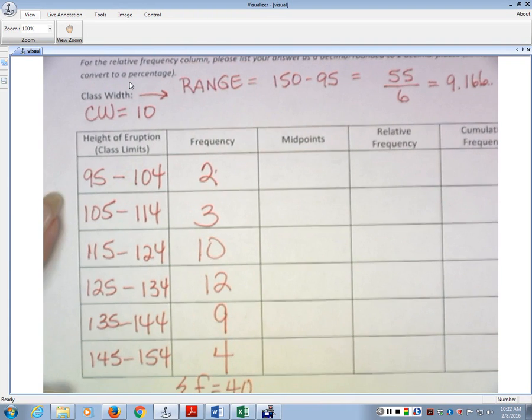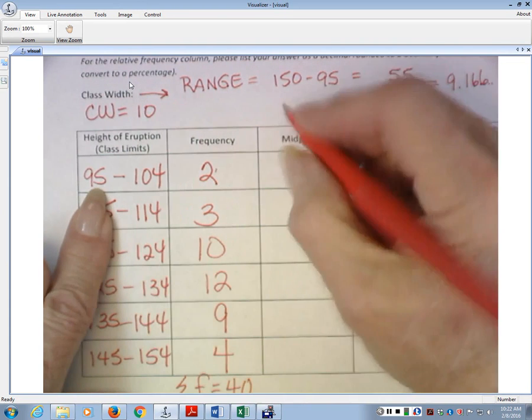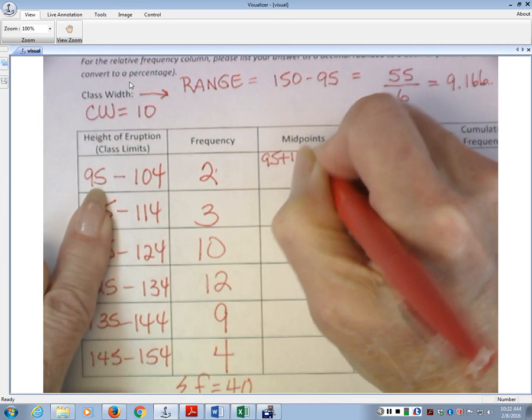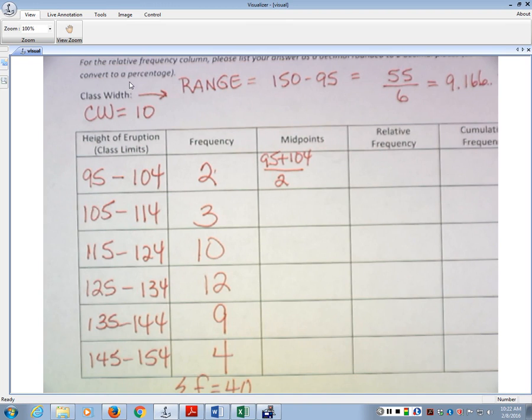Now the midpoints for each class are the sum of the class limits divided by 2. And the reason that it will always work is because that class contained 95, 96, 97, 98, 99, 100, 101, 102, 103, 104. There were 10 numbers in there.